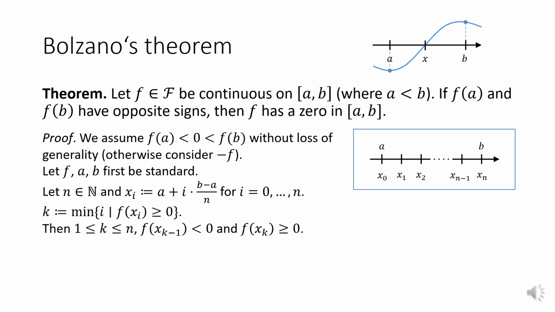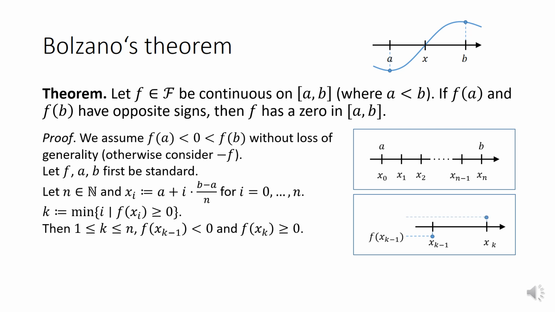Furthermore, by definition, f of xk minus 1 is negative and f of xk is non-negative. f therefore changes between xk minus 1 and xk from negative to non-negative values. Now let n be unlimited, which means that xk minus 1 and xk are infinitely close.